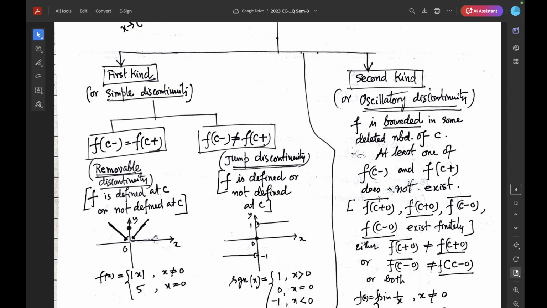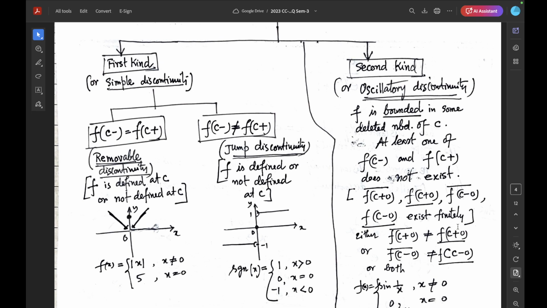When the limit superior and limit inferior of the right hand limit are equal, then fc plus exists, and this is its value. And similarly for the left hand limit we get limit superior f upper bar C minus 0, and f lower bar C minus 0. So these four limits exist finitely because this function is bounded.